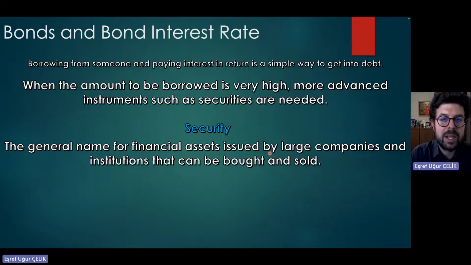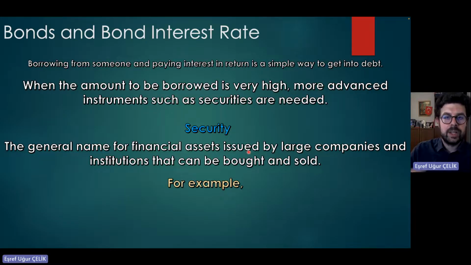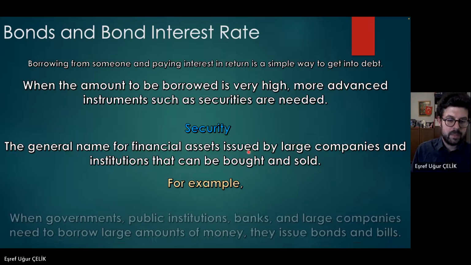Security in Turkish is menkul kıymet. They are financial assets issued by large companies, large institutions, or also government-issued securities that can be bought and sold. That is the way of the money creation process.